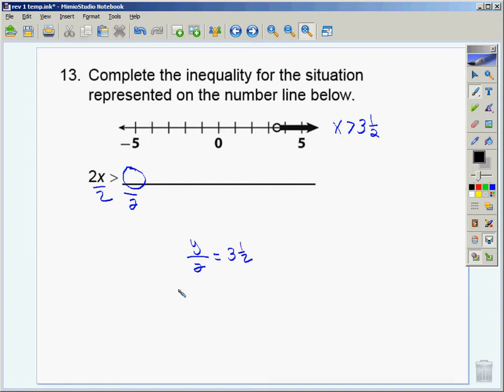In order to solve that, I'd multiply both sides by 2. I could have done 3.5 as well. 3.5 times 2 is 7, which is why this would have to be 7. 7 divided by 2 is going to give me 3.5, which is what's represented there on the graph. Questions on 13?